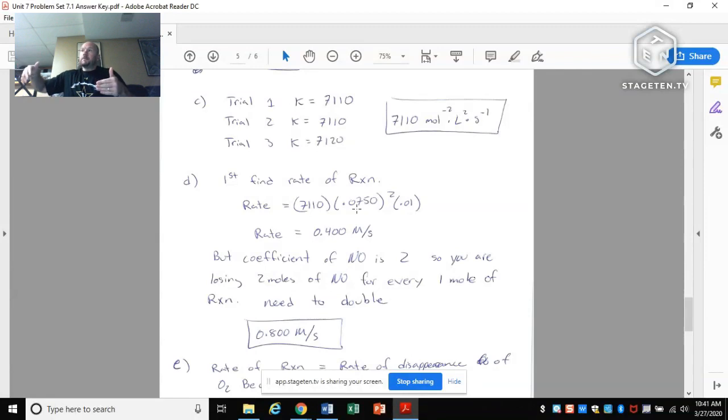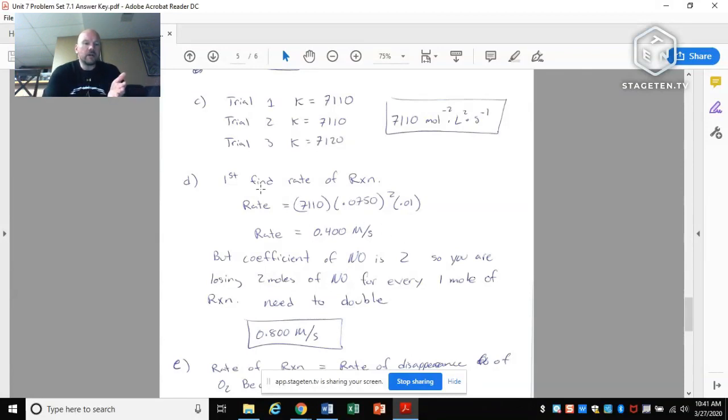But if the coefficient of one of your things is 5, you have to multiply by the delta H over 5 moles. One mole of the reaction is equal to 1 times whatever the coefficient is of each thing in the reaction.